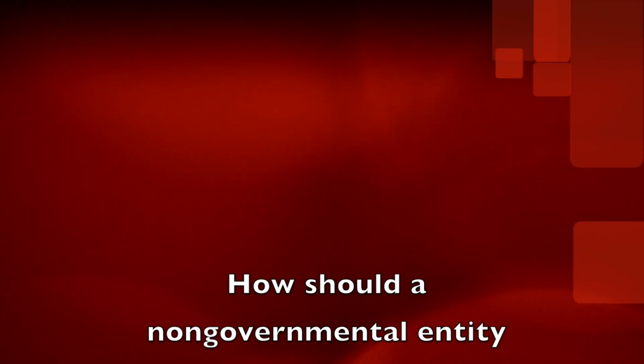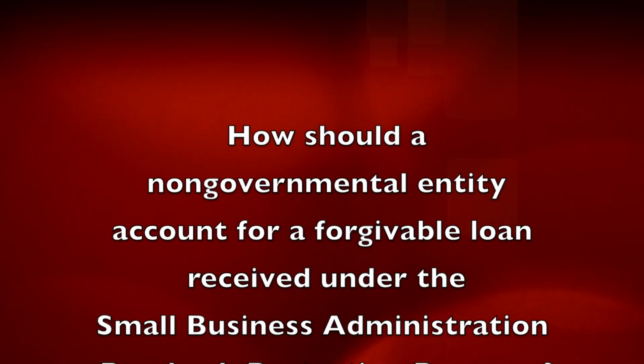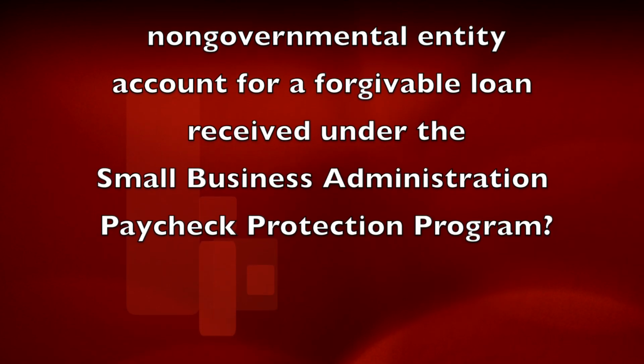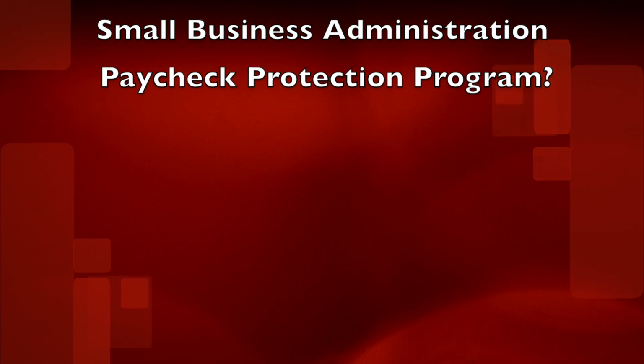Now here's the specific question. How should a non-governmental entity account for a forgivable loan received under the Small Business Administration Paycheck Protection Program, or PPP? Now note, we are talking about non-governmental entities here, and that will include not only businesses, but not-for-profits as well.